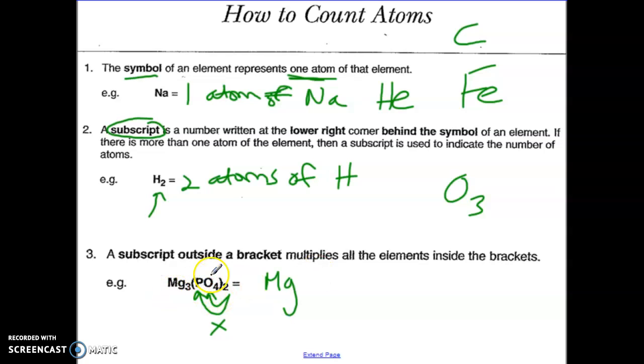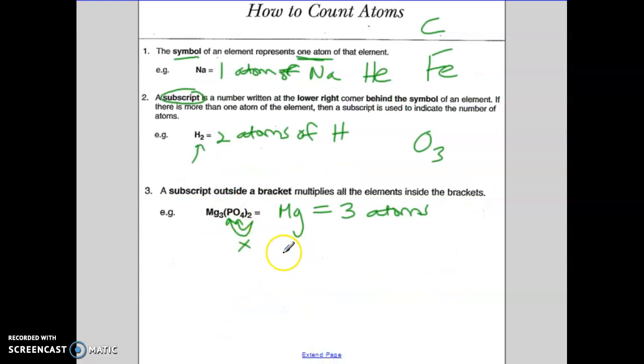So magnesium is not impacted by the brackets. So this just simply is 3 atoms because the subscript is a 3. Okay. Phosphorus, however, has no number, which means 1 atom. But we're going to multiply that by the value outside of the brackets.